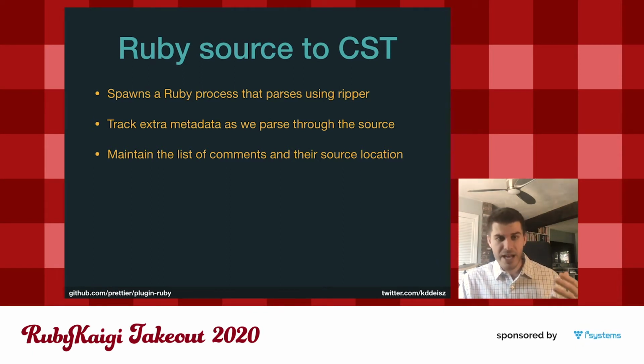We're going to add some extra information onto Ripper that Ripper doesn't itself track, for instance location information, excess commas, things like that. And we're going to specifically maintain the list of comments and their source location from the original source.